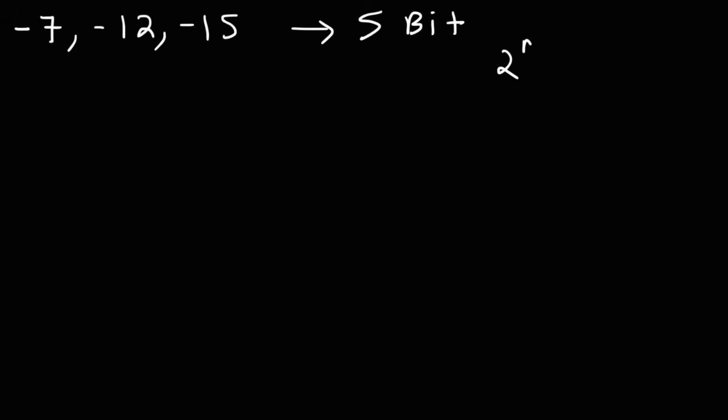Using the sign magnitude method, let's express the following negative numbers in binary. And we're going to use a 5-bit binary system. So 2 to the n minus 1, that's going to be 2 to the 5 minus 1, which is 2 to the 4, and that's 16.